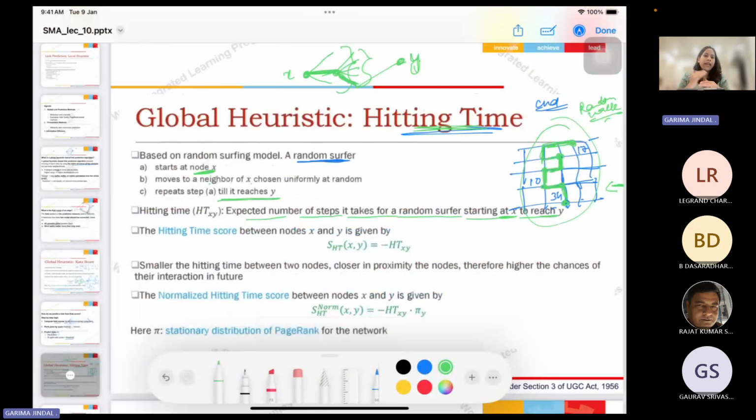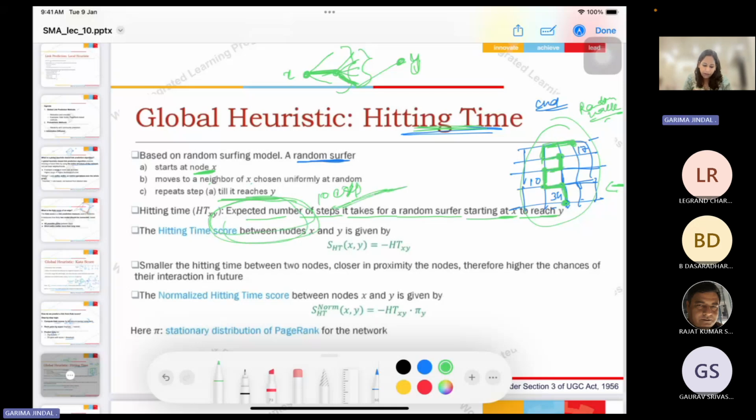For each time I calculated the length of the path to reach from X to Y. After 10 experiments, I will calculate the expected number, the expected value over these 10 experiments.